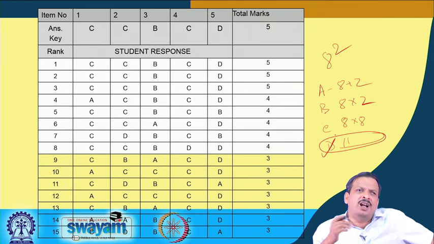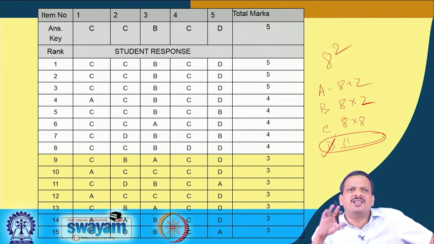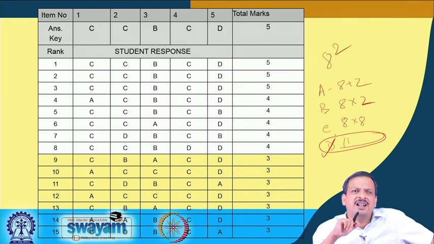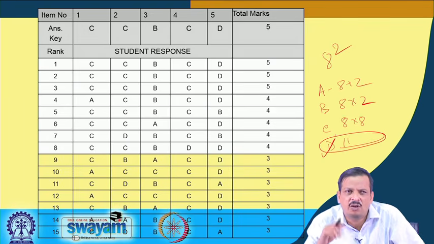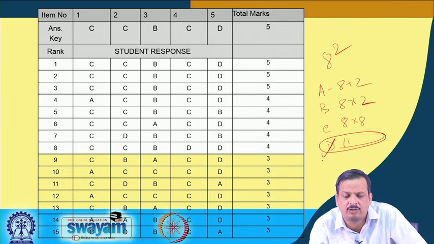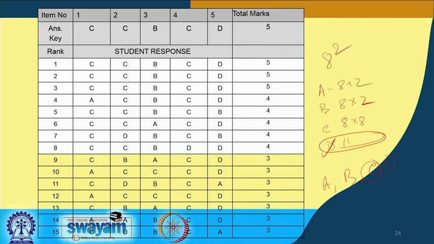Now, I have designed it. On the other side, if I give the choices of a question A, B, C, D, and C is the correct answer, then what is the function of A, of B and of D?